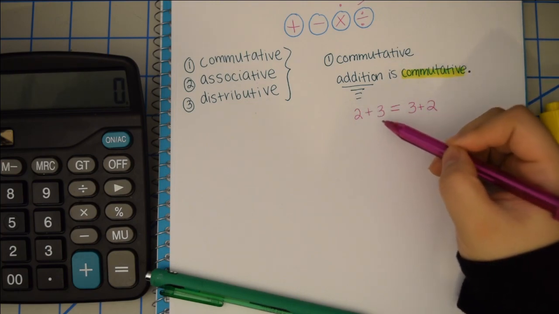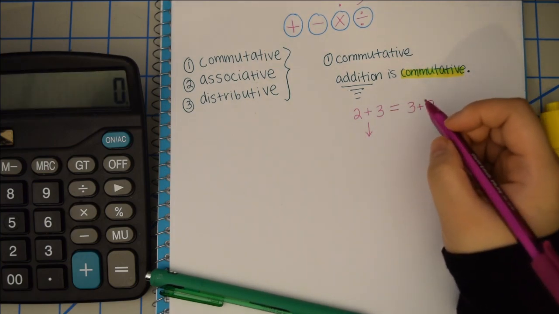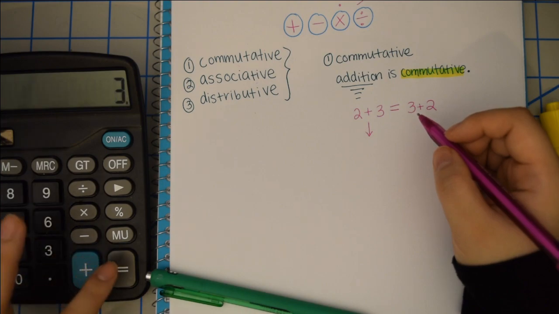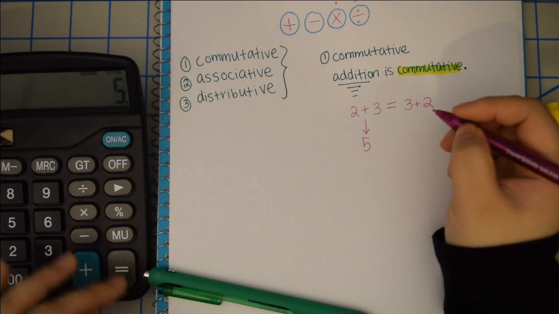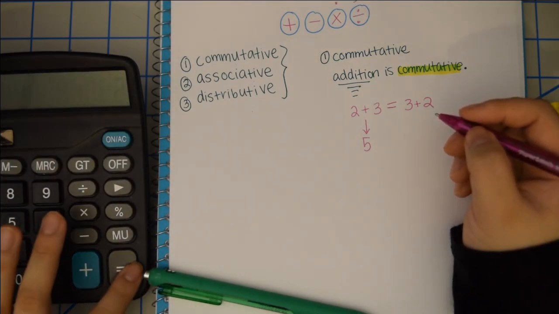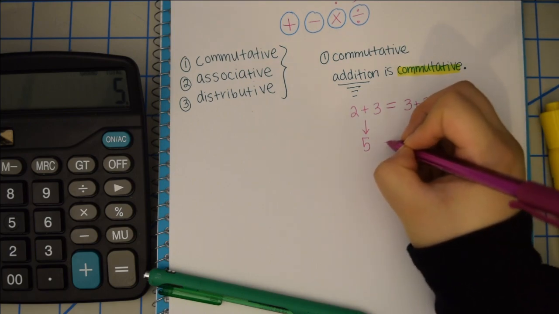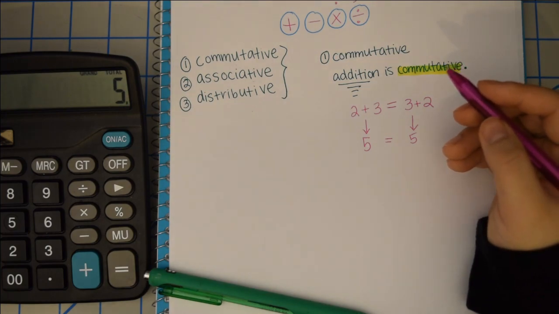So 2 plus 3 is what? I won't judge you if you have to use your fingers. 2 plus 3 is 5. And 3 plus 2 is also 5. And since these 2 results are equal, addition is commutative.